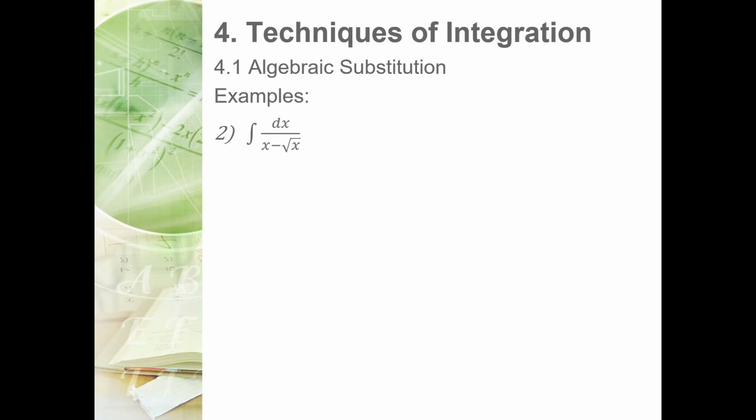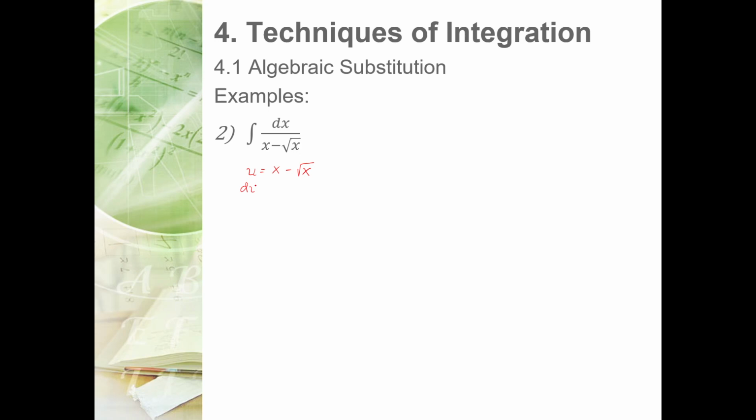So as you can see, the given expression cannot be simply solved using the u-sub technique. Because if you let the denominator be the u, we have to go through another process of a difficult derivative, right? For example, we let u equal x minus square root of x.